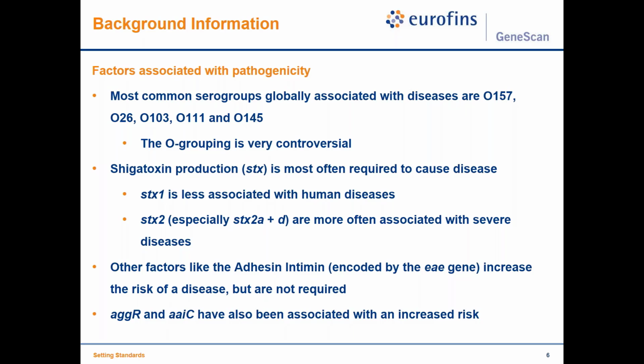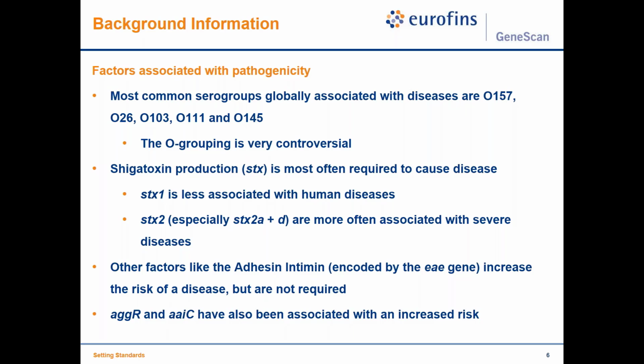However, this is very, very controversial. While there is a good correlation, there is still no guarantee that other O groups will not be problematic. If you look from country to country, this is viewed very differently.